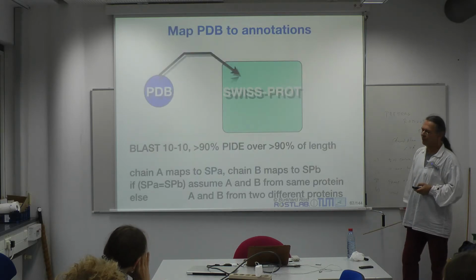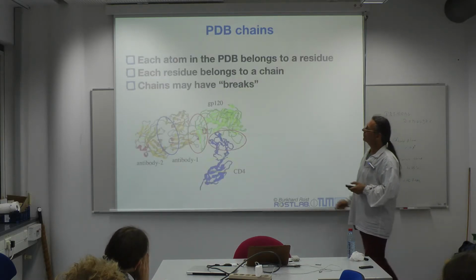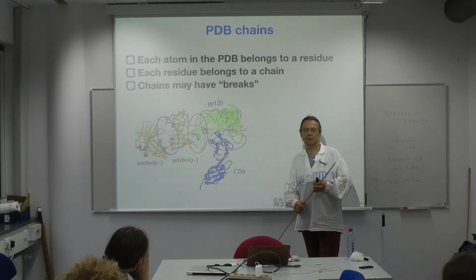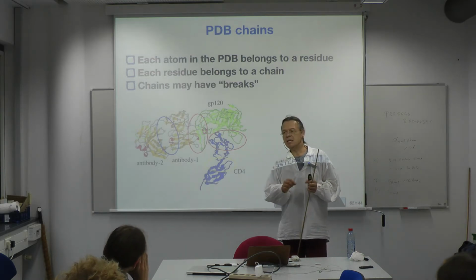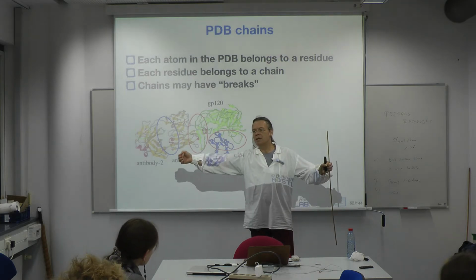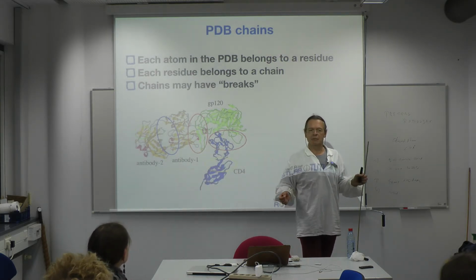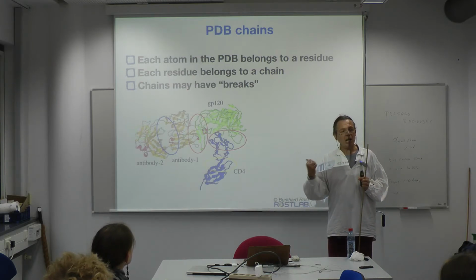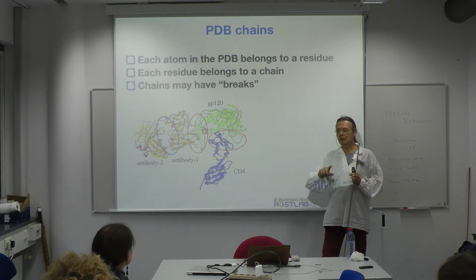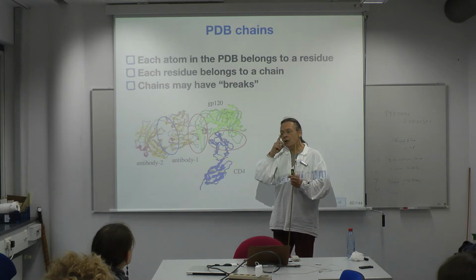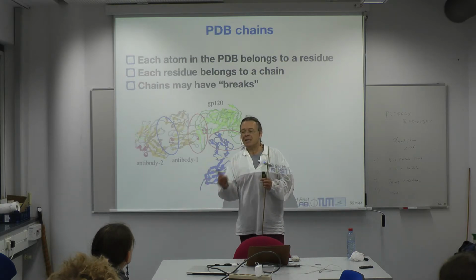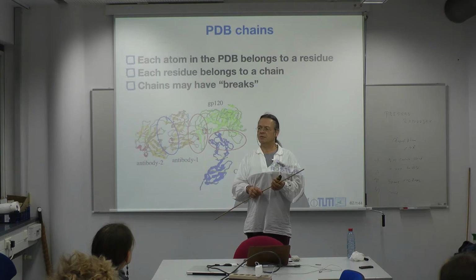But there's another issue. The other issue is, chains have breaks. When you look at the PDB, you will see that there is no simple one sequence that is one protein. You see chains in the PDB, chain A, B, C, D. How do you find out whether A and B are coming from the same protein or from two different proteins?